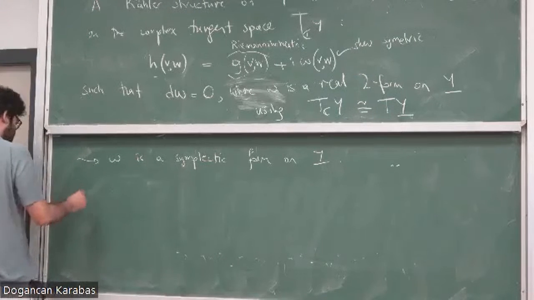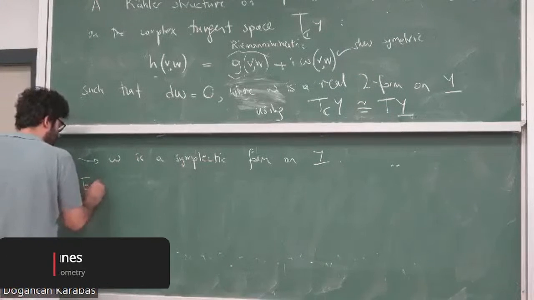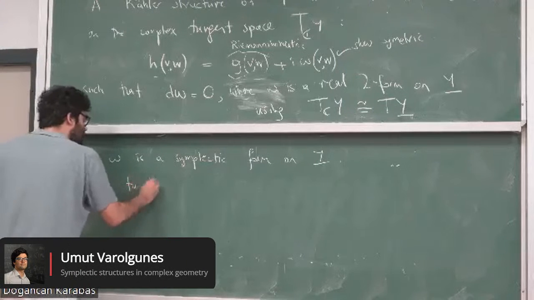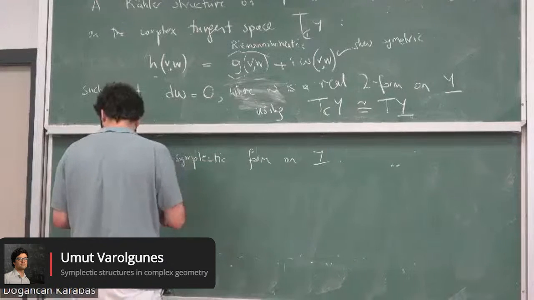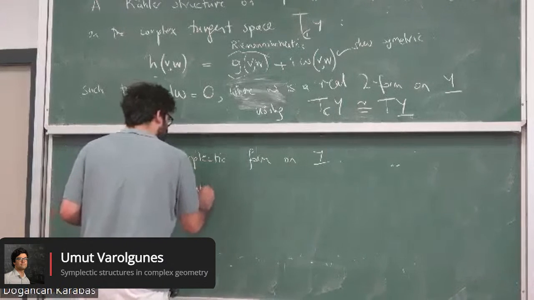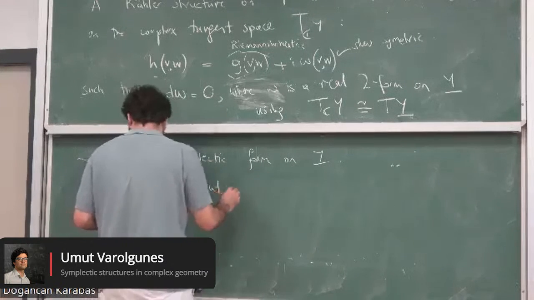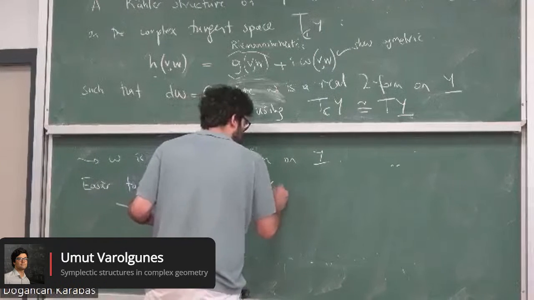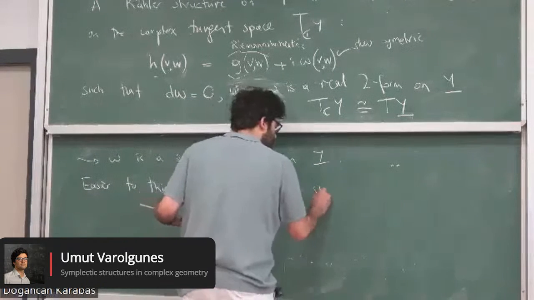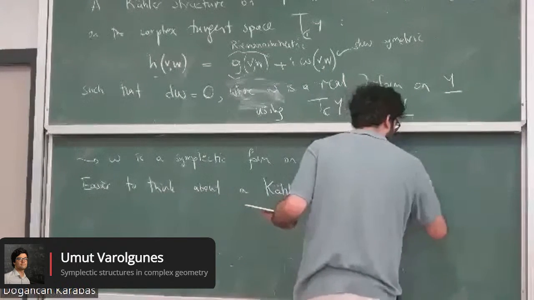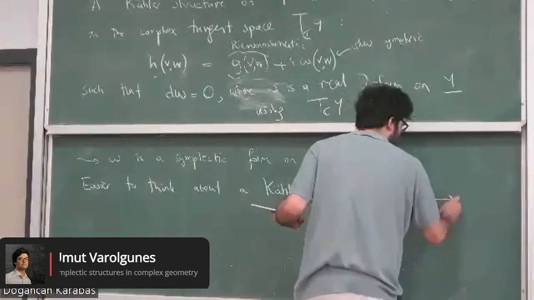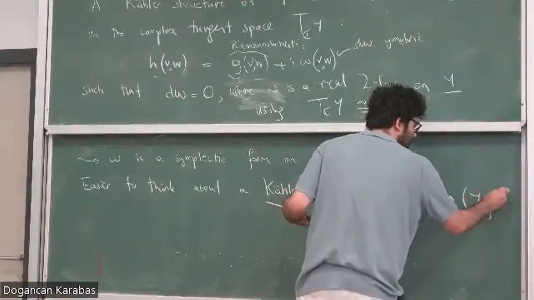Okay, so it's easier to think about a Kähler structure via J to J underline, g.